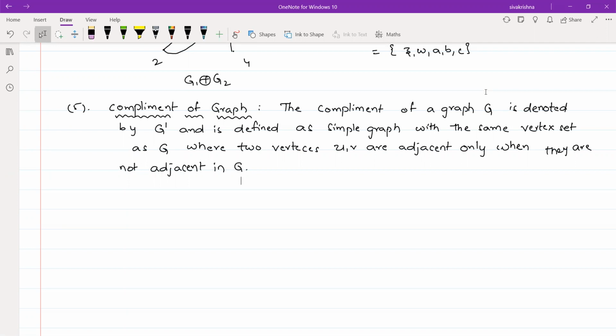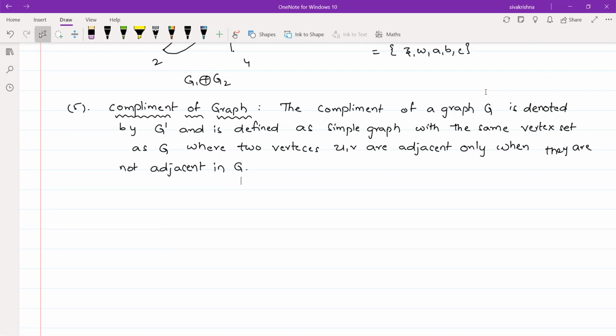Coming to the vertices, the vertices which are present in G should be present in G dash, and the edges in G dash should be those between vertices which are not adjacent in G. Those particular vertices should be adjacent in G dash.